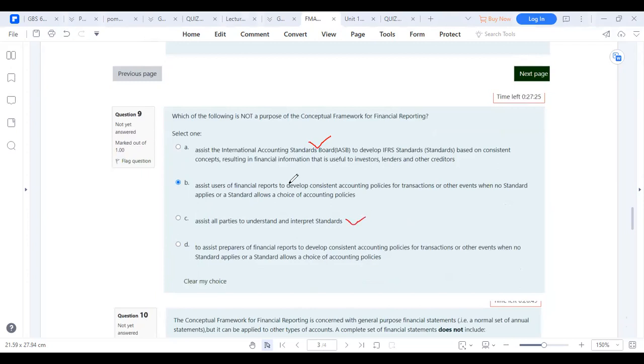This one is correct. This one is correct. So one of these two, which one is not a function of the conceptual framework? So we picked: to assist financial reports to develop consistent accounting for transactions or other events where no standard applies.